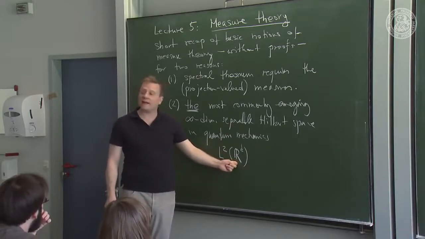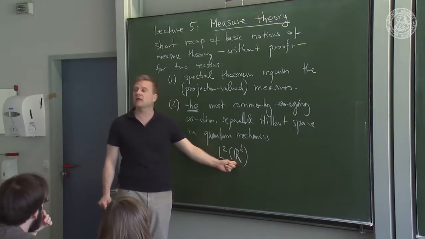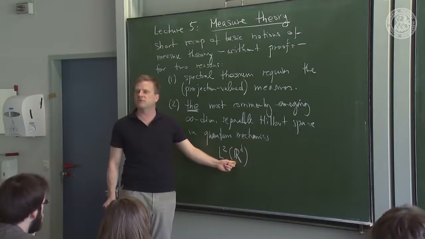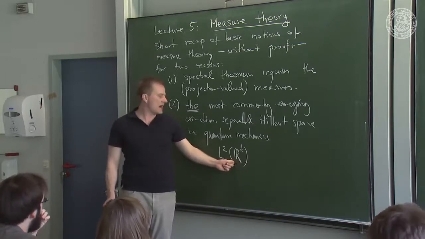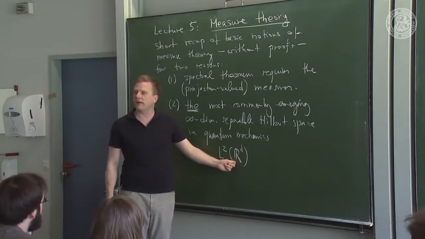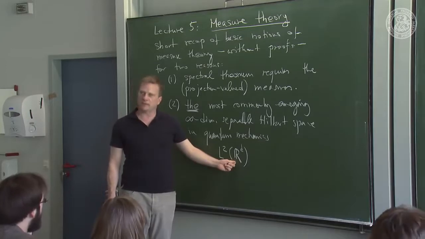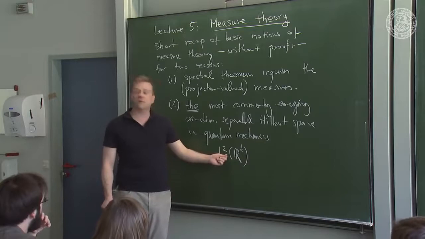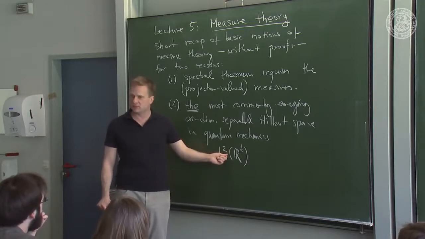Well, not quite, because you have to take equivalence classes of square integrable functions. If two square integrable functions are the same almost everywhere, what does that mean? Well, we'll see. Then they belong to the same equivalence class, and they're counted as the same element of this space.